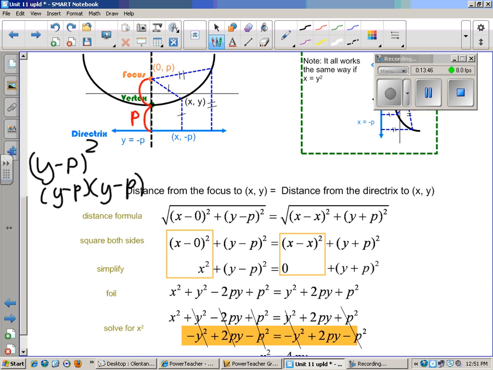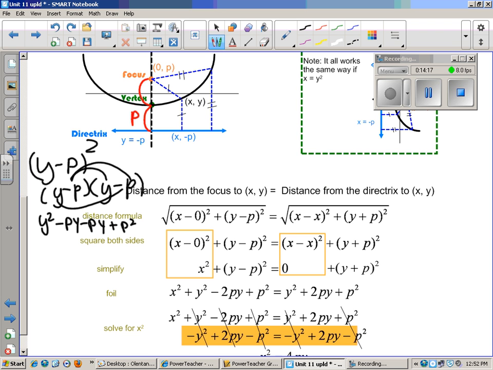So if I FOILed that out, I do y times y is y squared, and then outer, negative p times y is negative py, inner, p times y is negative py, and last, negative p times negative p is positive p squared. So what I end up with is y squared minus 2py, because those can combine, plus p squared.